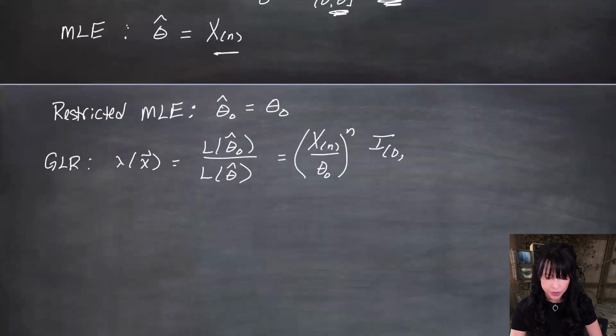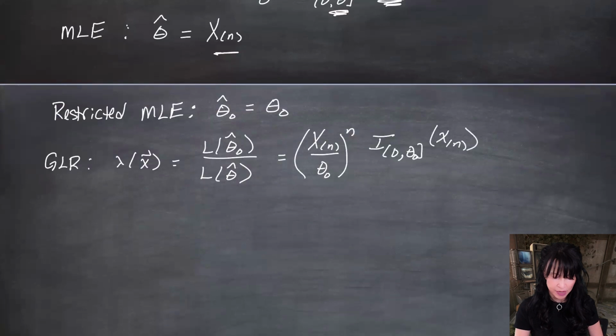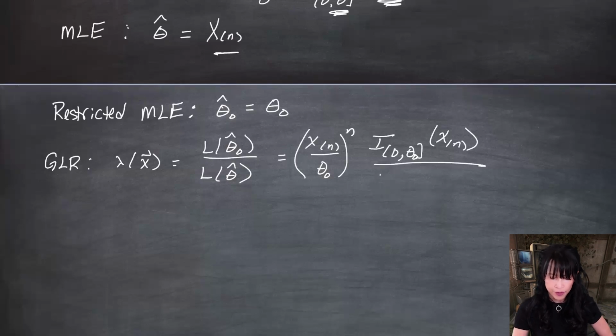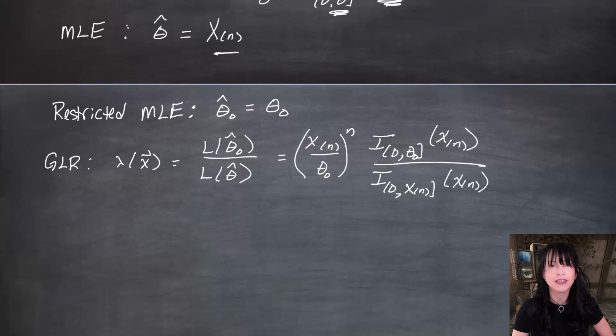So it's going to be 0 to theta naught. I guess I've started to capitalize my maximum. Let me not do that yet. It doesn't matter, but I need to be consistent at least in the equation. Over the indicator from 0 to theta, and I'm plugging in the MLE, which is the maximum, and plugging the maximum in. So here's where I close that bracket.